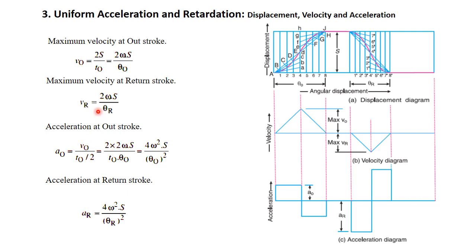Putting the value of VO in this equation, we get acceleration of the outstroke equal to 4 omega square S by theta naught square. Similarly, acceleration at the return stroke can be computed as 4 omega square S by theta R square. So here we see how this follower can be imparted a motion with uniform acceleration and retardation.